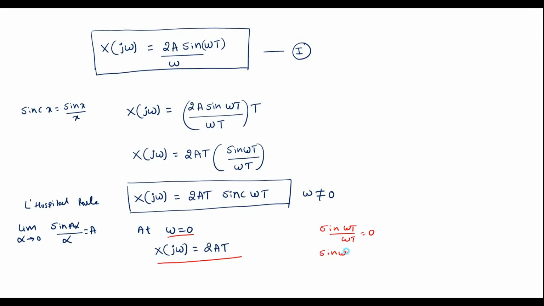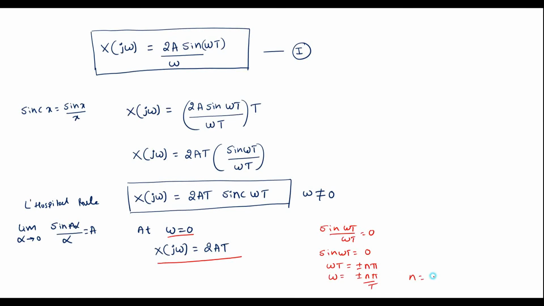That is sin(ωT) is equal to 0, or we can write that at every ωT equal to plus or minus nπ, the sin(ωT) value will be 0, or we can write ω is equal to plus or minus nπ/T. For these values of ω, the function X(jω) will be 0.